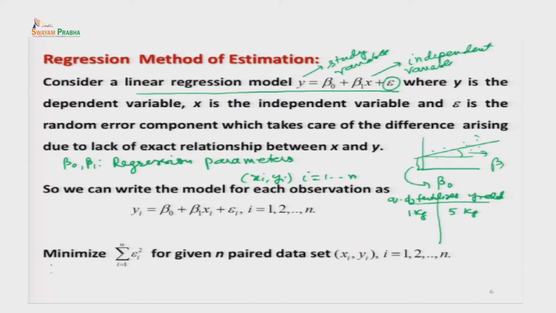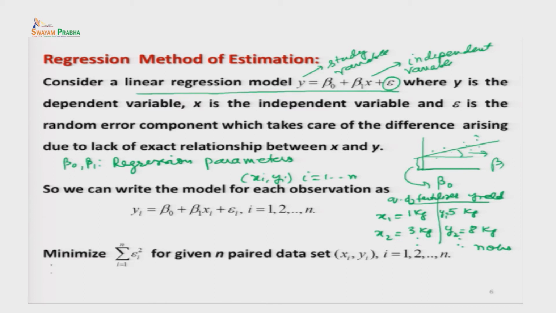This 1 kg of fertilizer is denoted by x1 and this 5 kg of yield is denoted by y1. Similarly, if you take 3 kg of fertilizer, it is indicated by x2, and suppose you get 8 kg of yield, then y2, and so on. This is what we mean by paired observations.